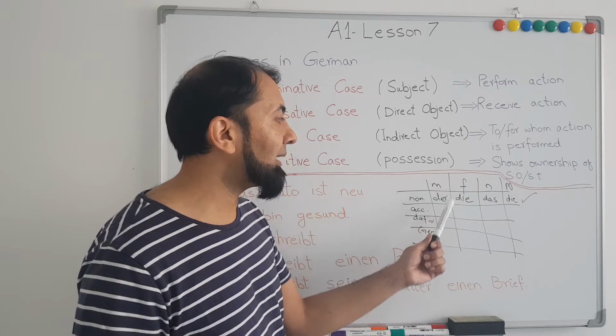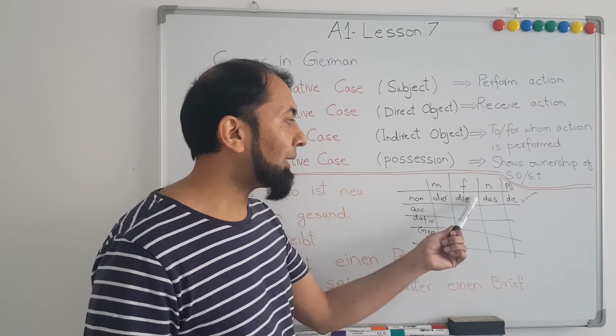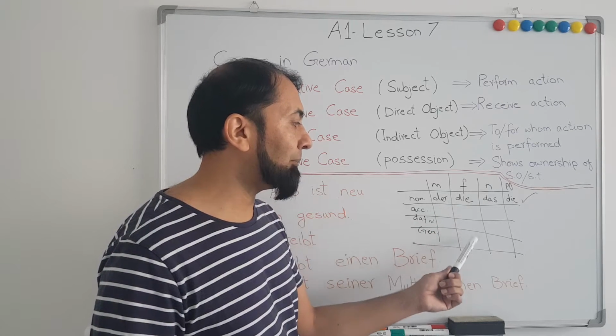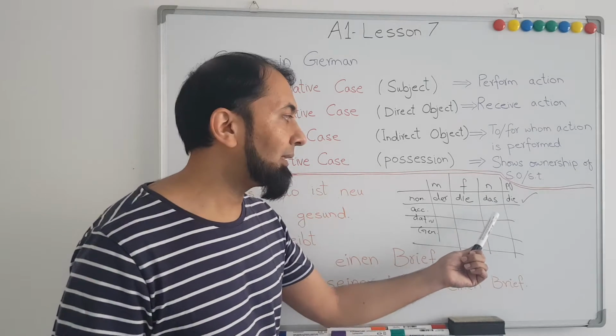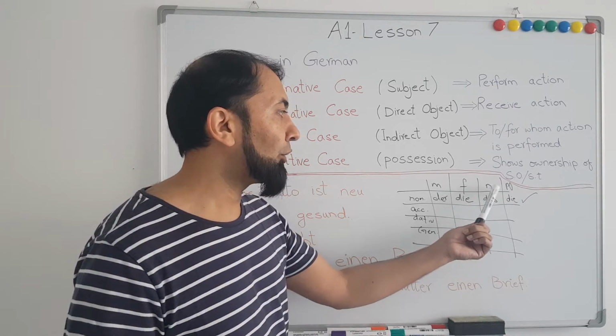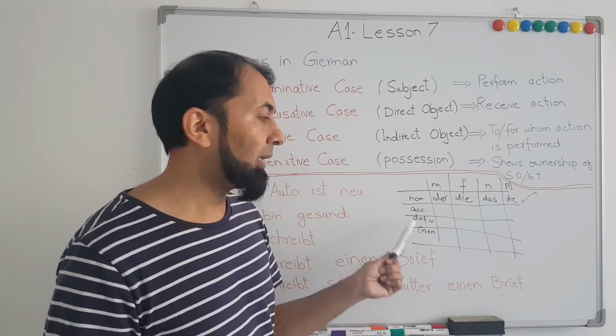The masculine article will not remain the same for all the cases. The feminine article die will not remain die for all the cases. Similarly, the article das for neutral will not remain das in all the four cases.